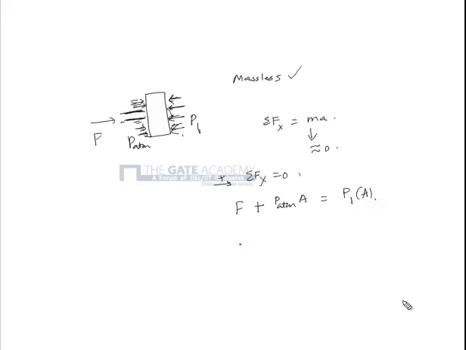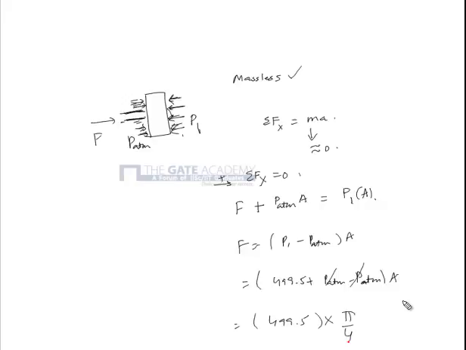So F is P1 minus P atmosphere into A. We have P1 as 499.5 plus P atmosphere, so P atmosphere cancels.